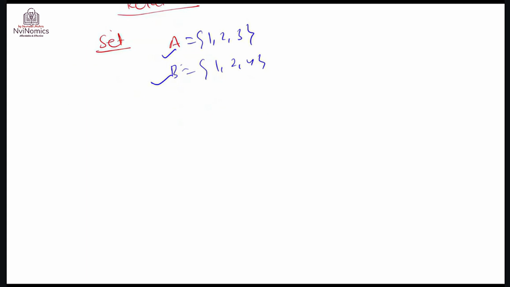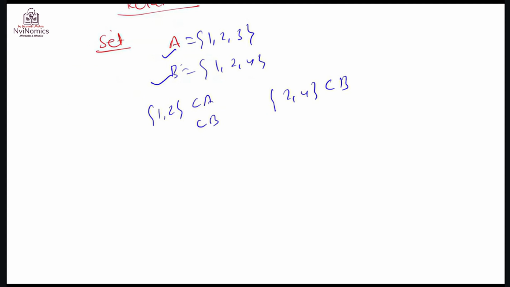Suppose A equals {1, 2, 3}, these are subsets of it. Like 1 and 2, it is a subset of A, and it is also a subset of B. Here 2, 4, these are subsets of B.